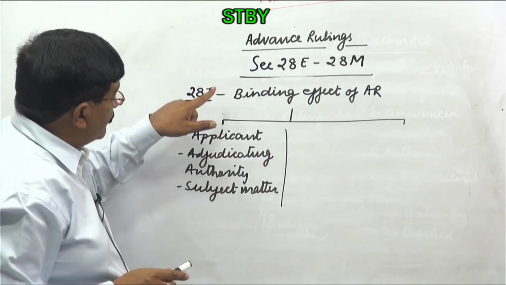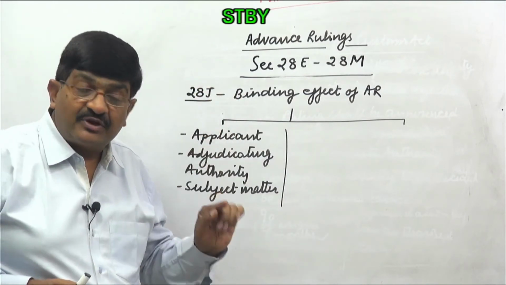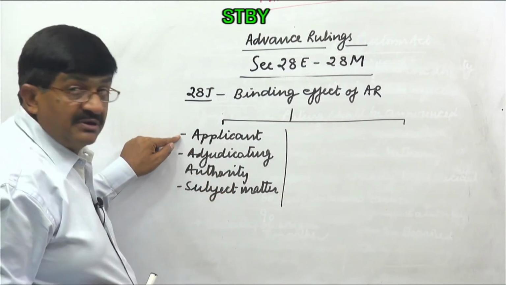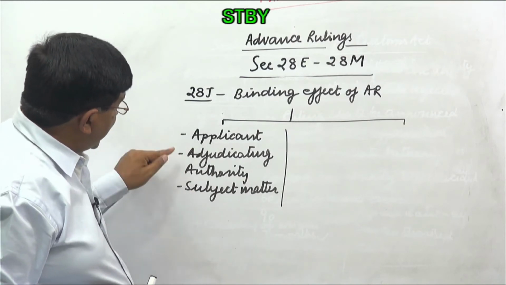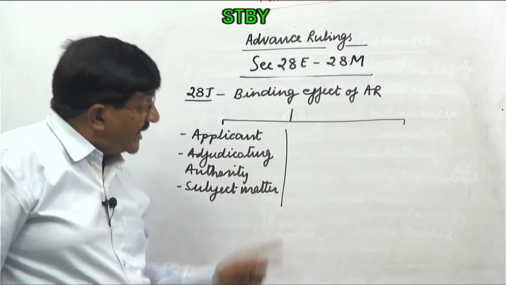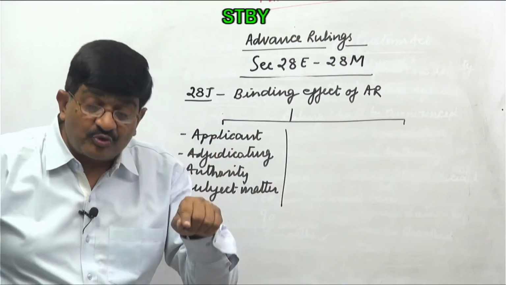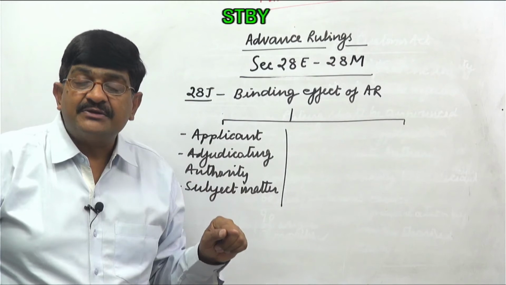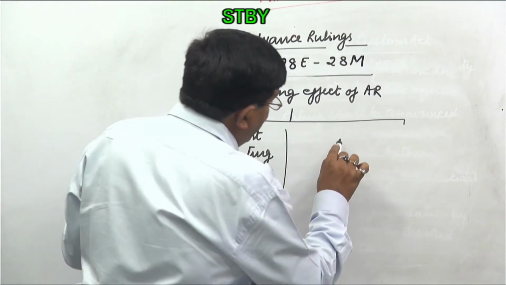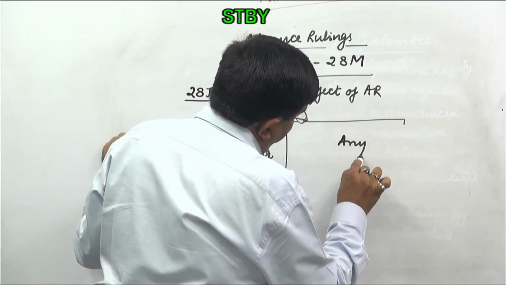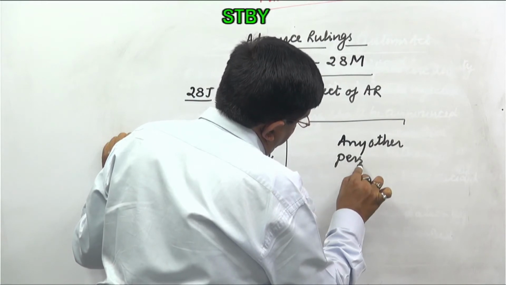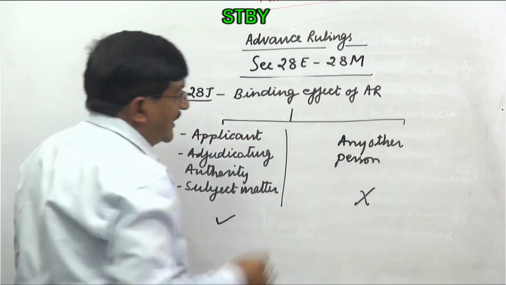So the application has been made for a specific question, so that comes here, subject matter, applicant, specific subject, and authority. The authority does not have a choice of changing the decision. Any other person, even if situation is exactly same like the applicant, no binding effect. So here we have the binding effect. Any other person, no binding effect.